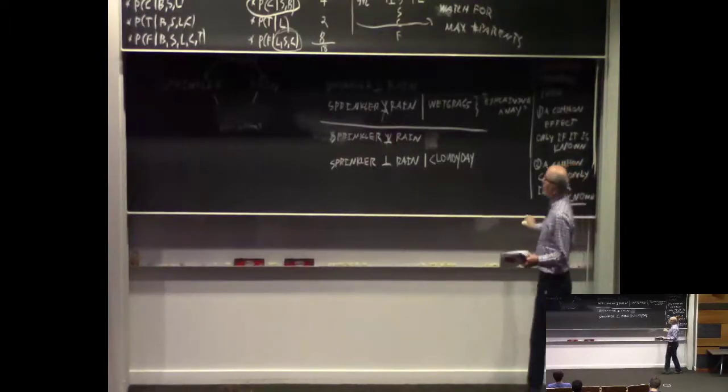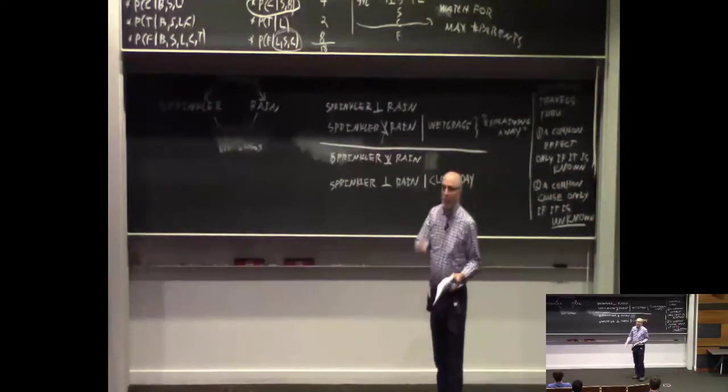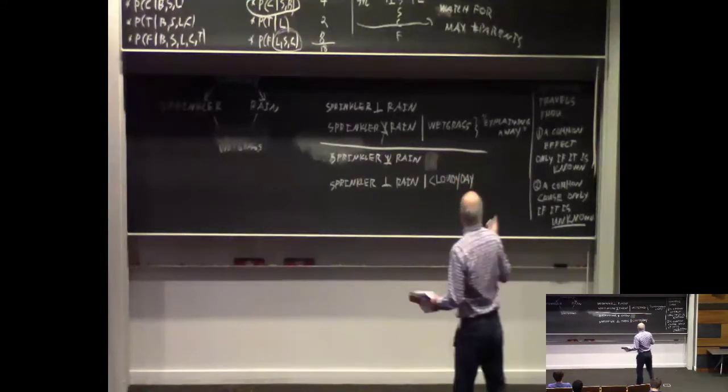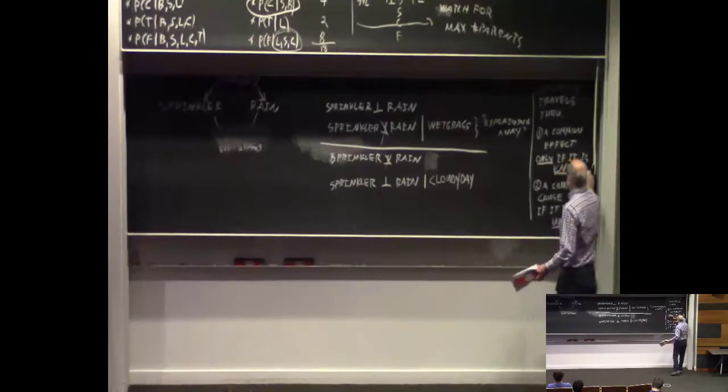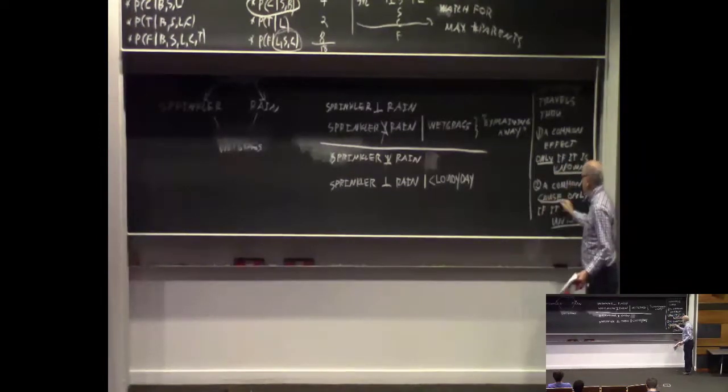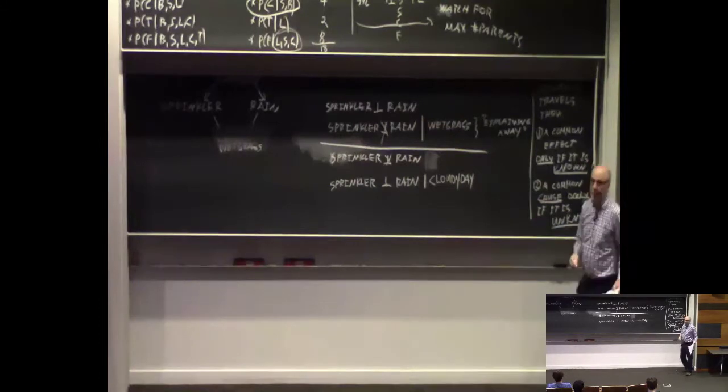So this is an alternative way of remembering this. Influence travels through a common effect only if it is known, and through a common cause only if it is unknown.